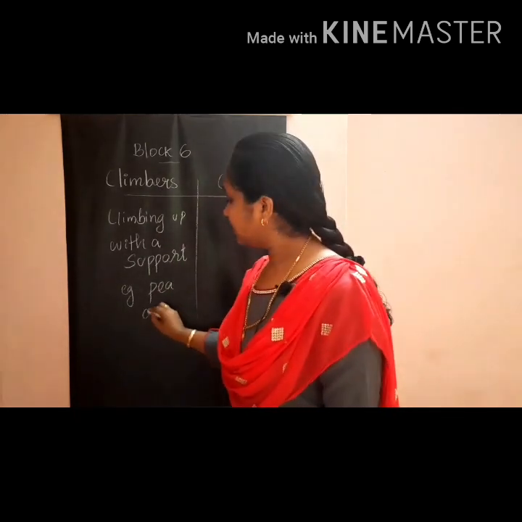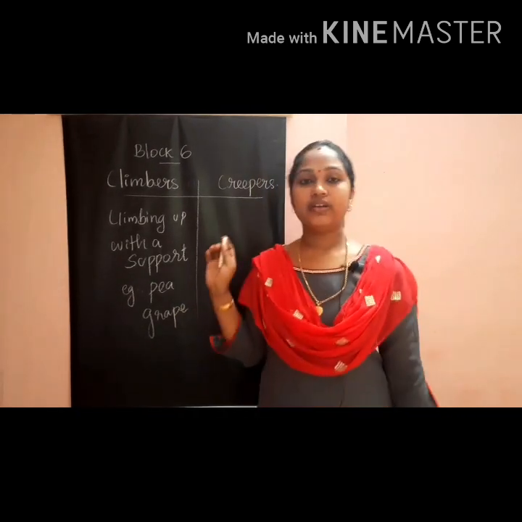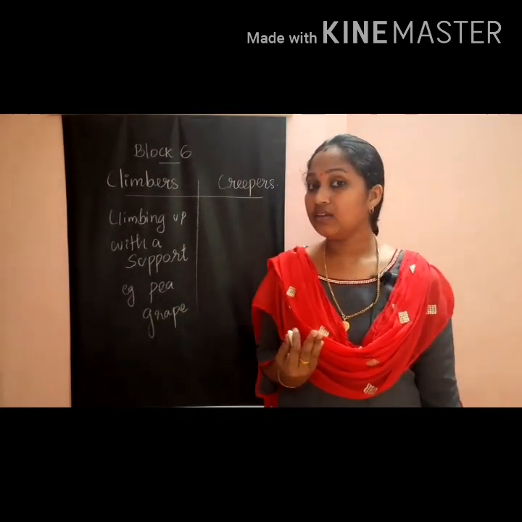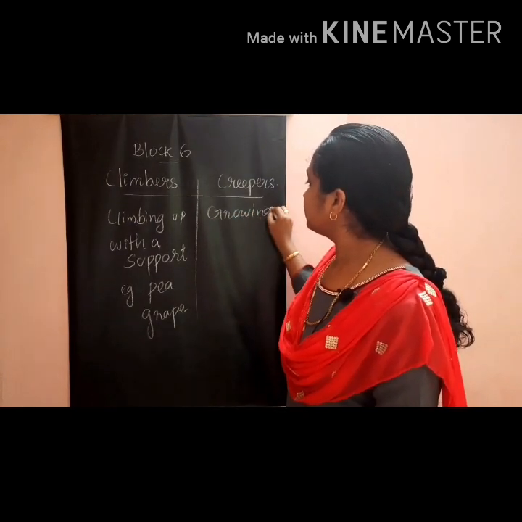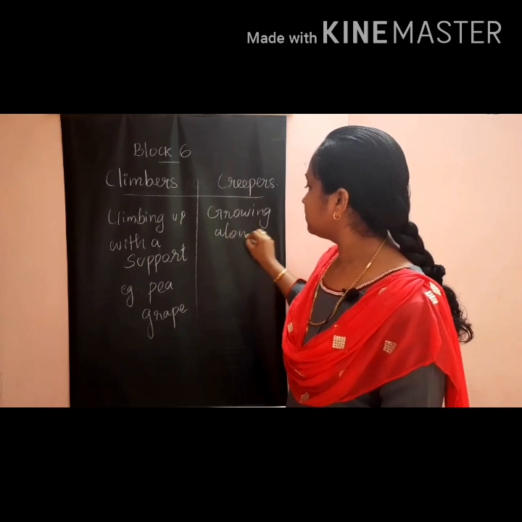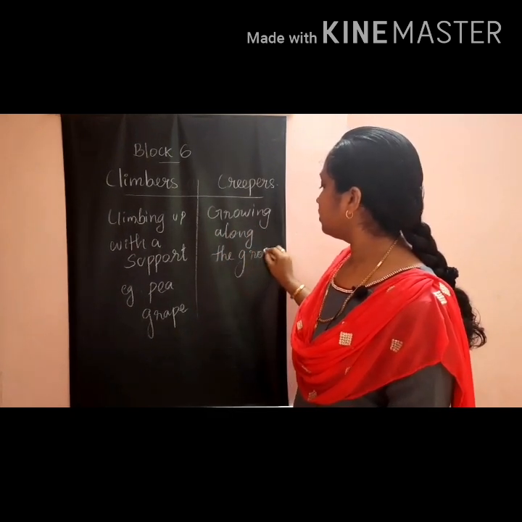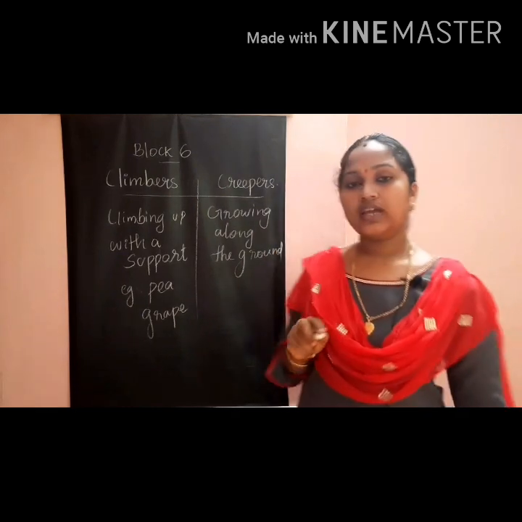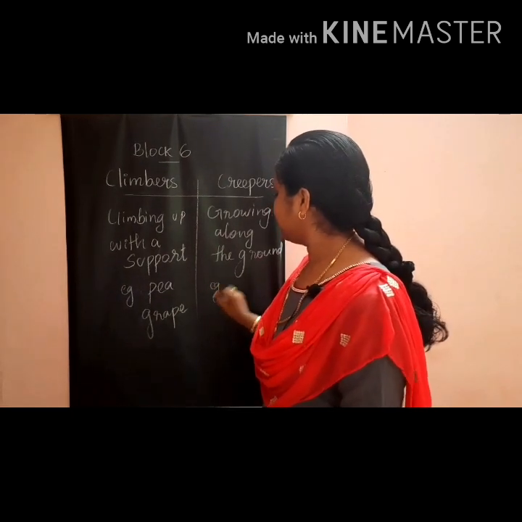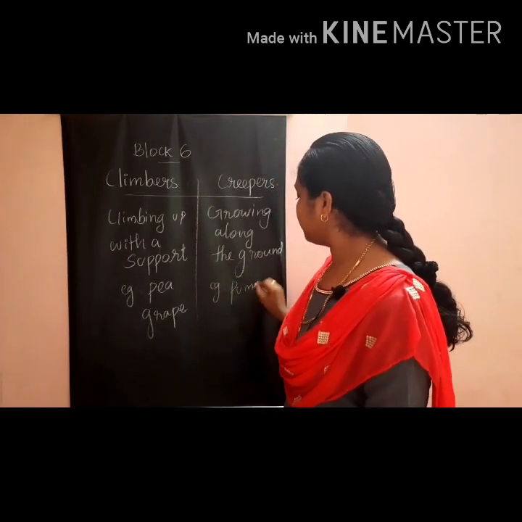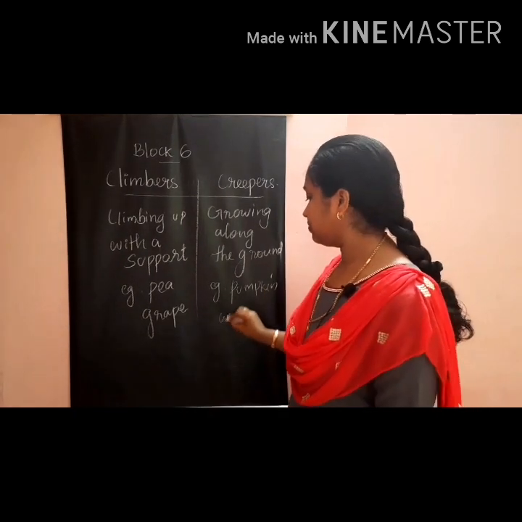Next, grape. What about creepers? How are they growing? Yes, growing along the ground. Then examples? Yes, good. Pumpkin. Next, watermelon.